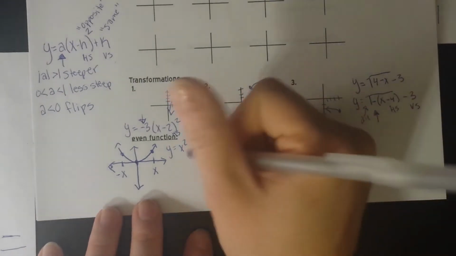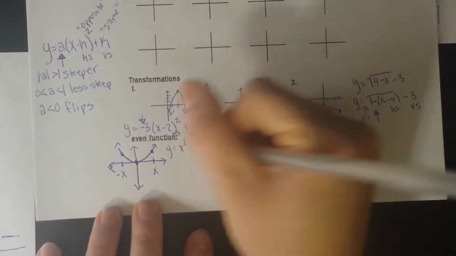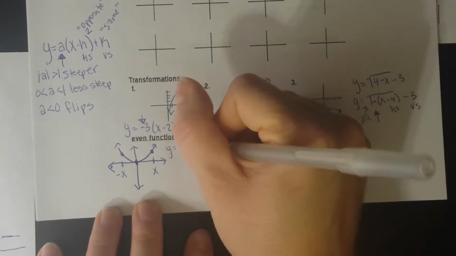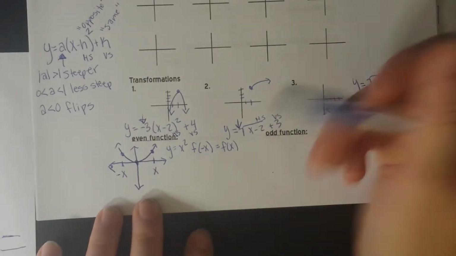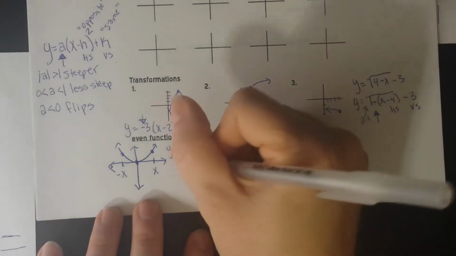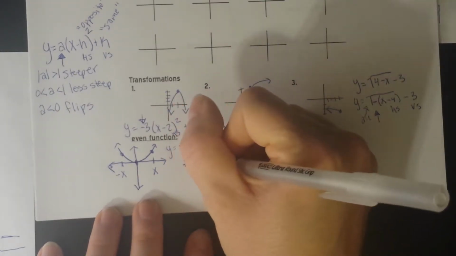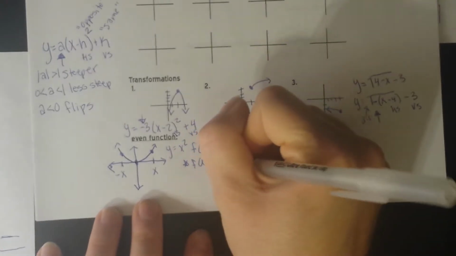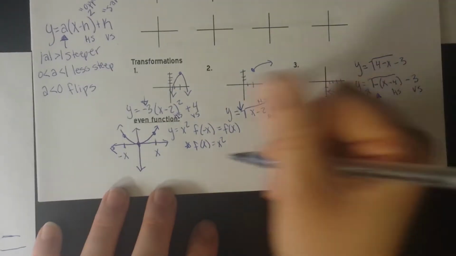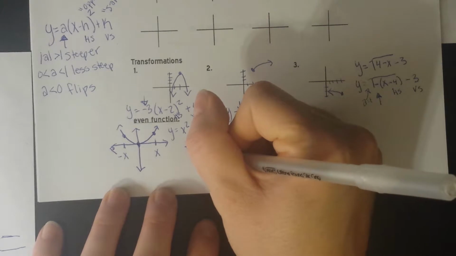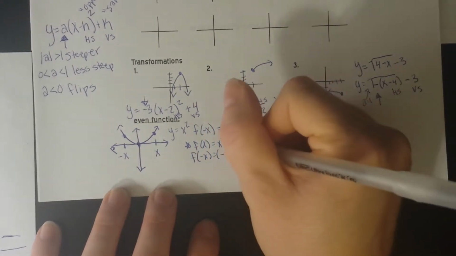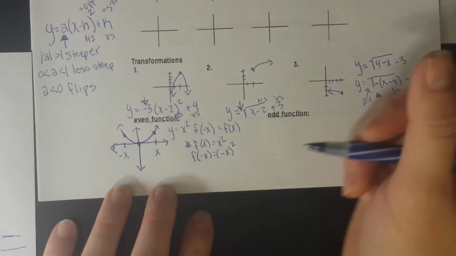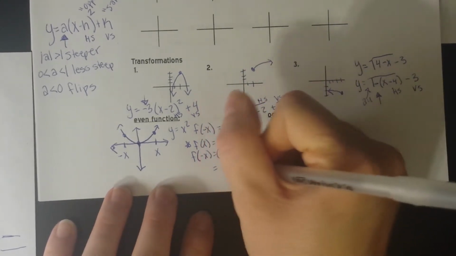Because with evens, if you plug a negative x value into all of the x's in the function, you should get out the original function. So if our original function is f of x equals x squared, we replace the x's with a negative x, so negative x in parentheses squared, and negative x times a negative x is still a positive x.